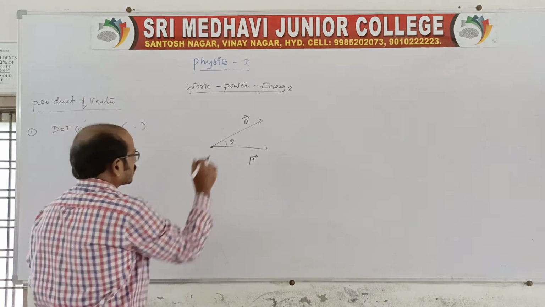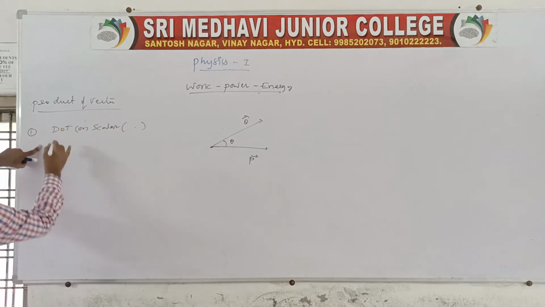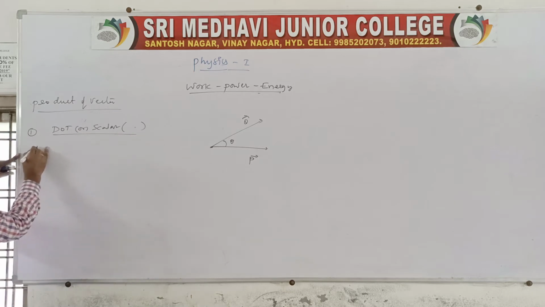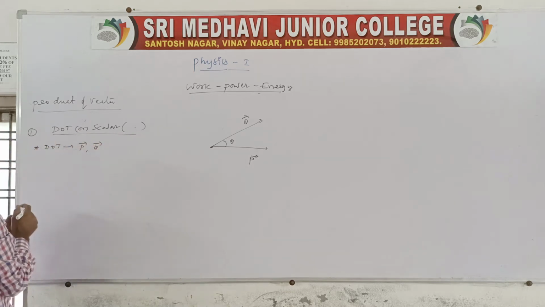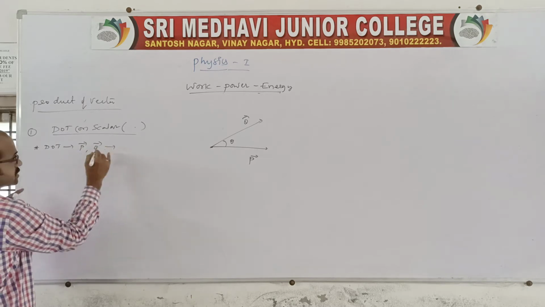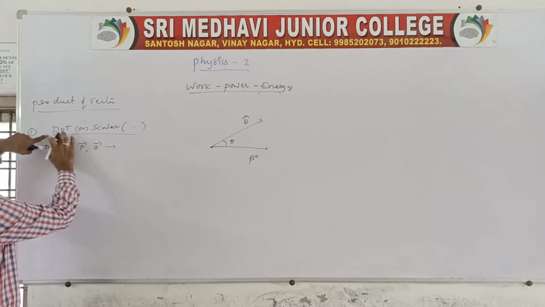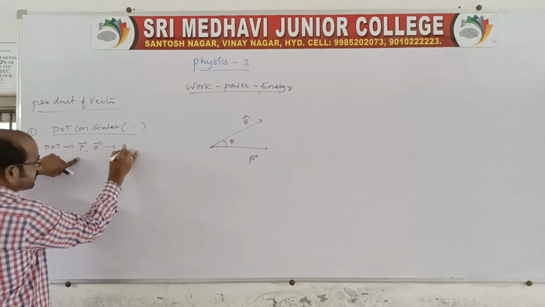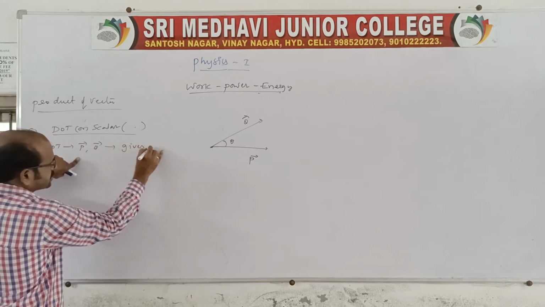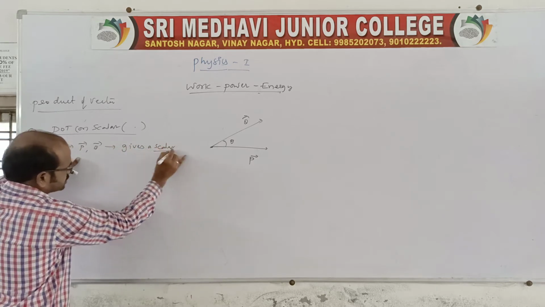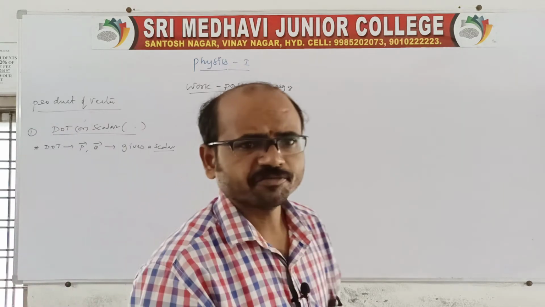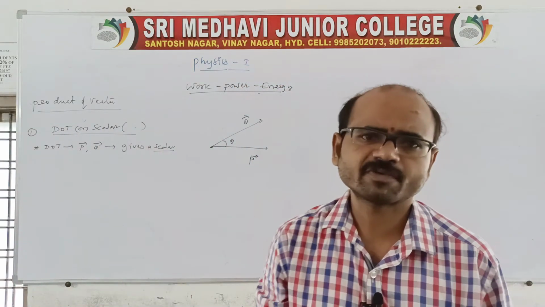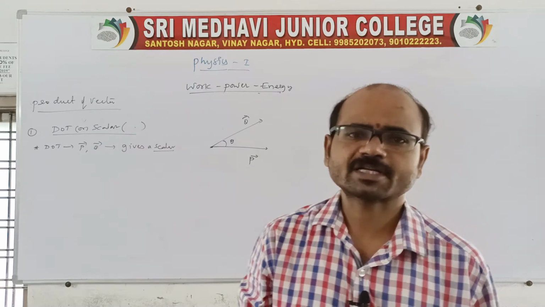Therefore, remember, the dot product of any two vectors, the dot product of P and Q, always gives a scalar. It is very important. Suppose force is a vector and displacement is a vector.